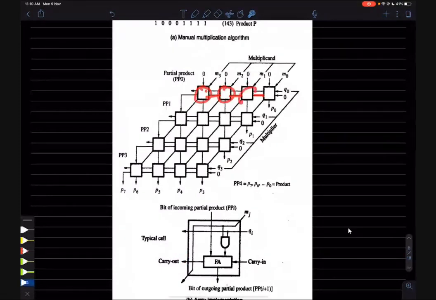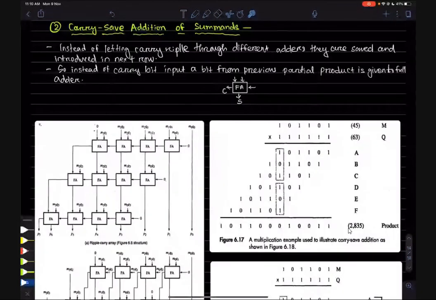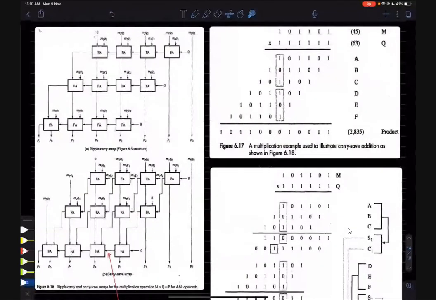Each adder gets the carry from the previous adder circuit. But we will not do this here, because due to the rippling of carry the multiplication is slow, there is a delay.